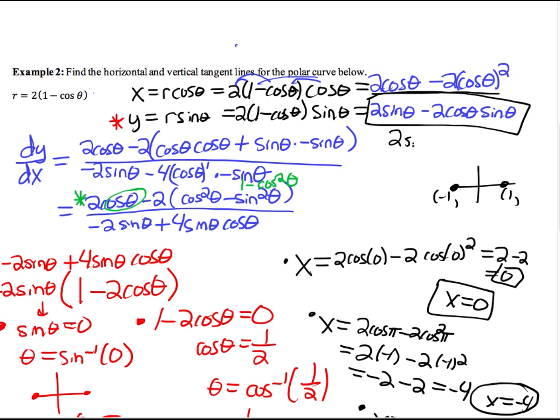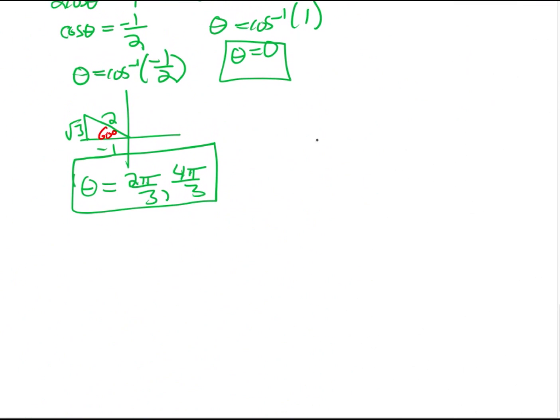Another way to think about this is 2 sine theta minus sine of 2 theta, so it might be easier to think about it in that version. It doesn't really matter though, so I'm going to remember that down here. So I'm going to need to go y equals 2 sine, let's go 0 first, right, this one. 2 sine 0 minus, wasn't it sine of 2 times 0, so that's 0.